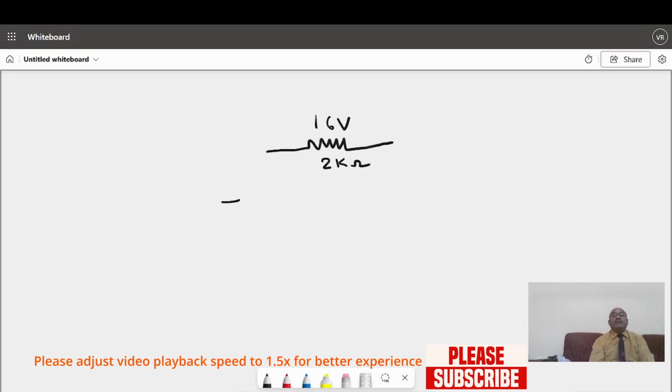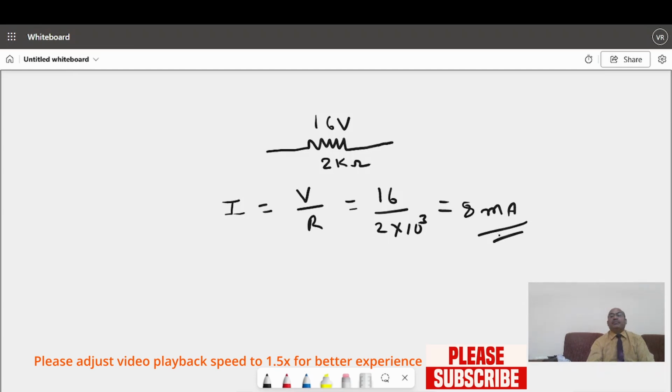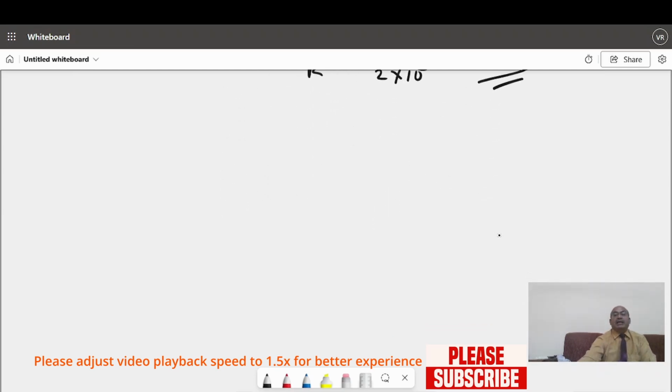What is the formula for current? Current is equal to V by R. Simple. 16 divided by 2 into 10 to the power of 3 is how much? 8 milliamperes. Like that, you can do simple calculations.